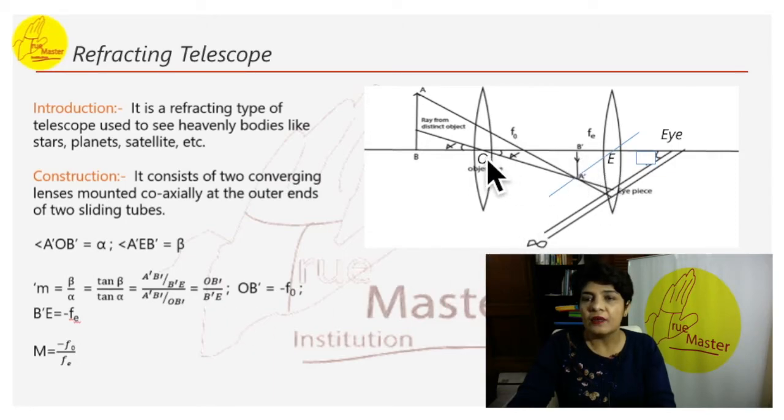The other one, B dash E, is FE. So we have these two values. When we divide the two, substituting these values of OB dash and B dash E, we get magnification is equal to minus FO by FE.